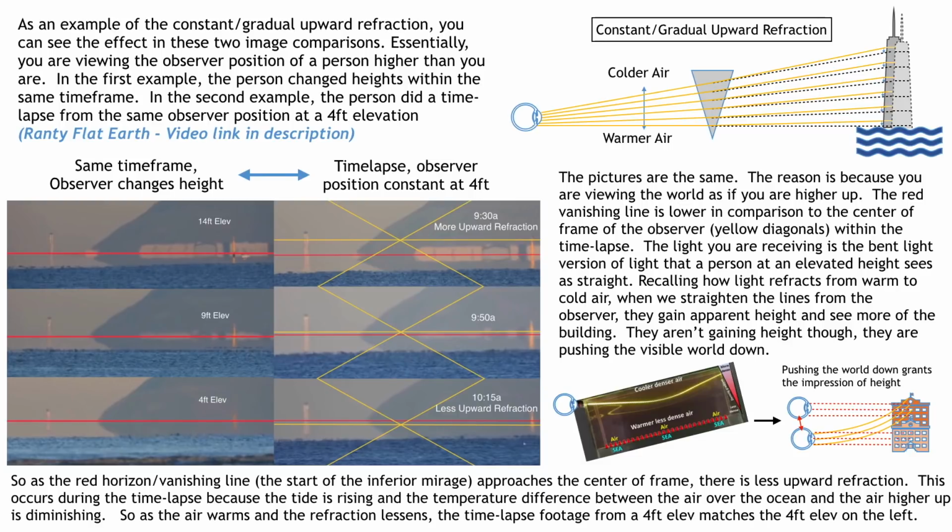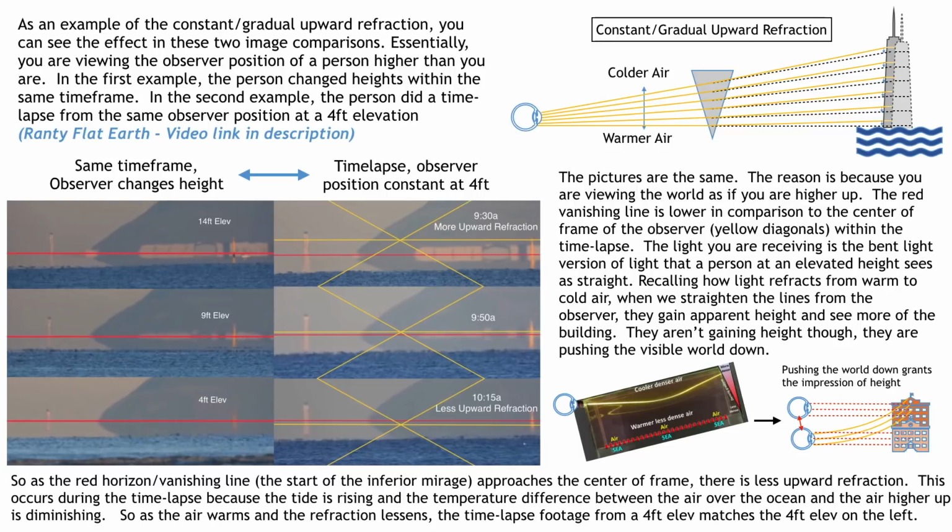And then in the second example on the right, they take a time lapse from the same observer position at a 4-foot elevation. So you can see at 9:30 a.m. there's more upward refraction, and then at 9:50 a.m. a little bit less, and then at 10:15 a little bit less.